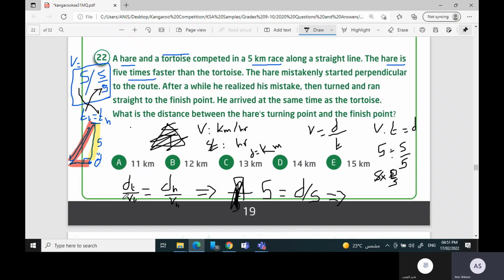So I'm going to divide it by 5, or in other words we can write it over 1, and multiply the numerator with the numerator and the denominator with the denominator. So in other words, as if I'm saying 5 over 1 divided by S over 5.